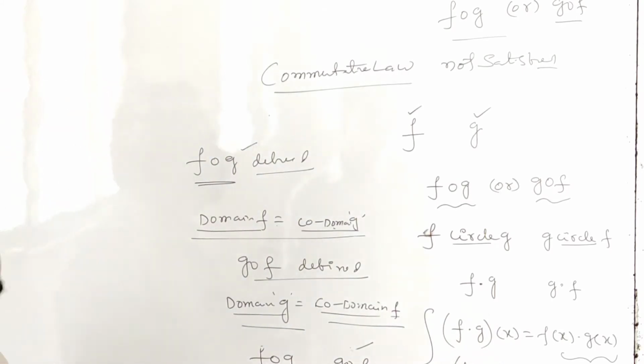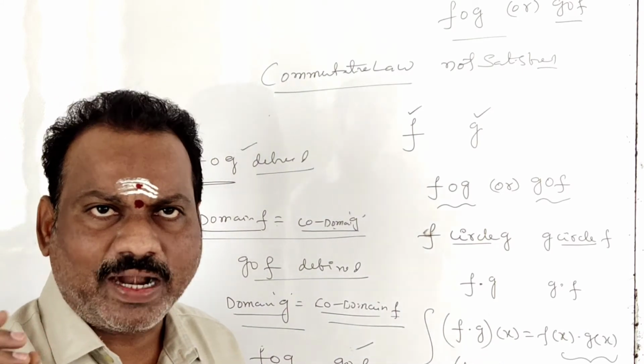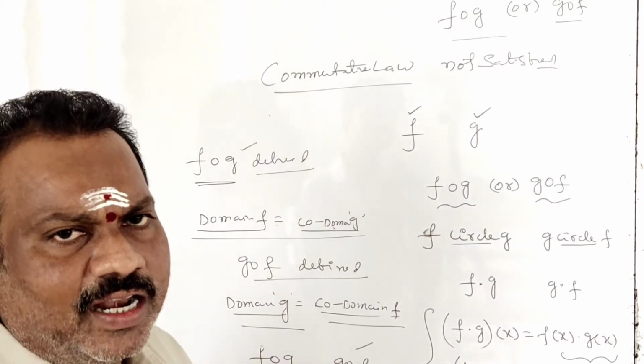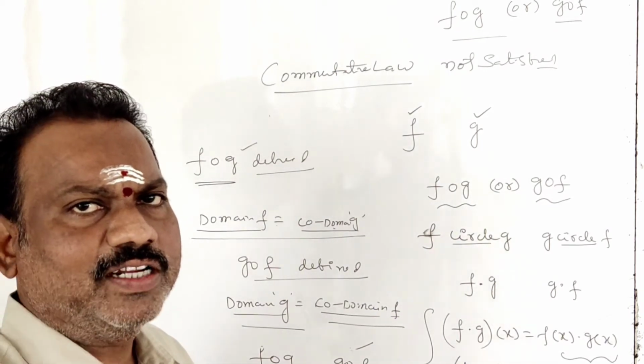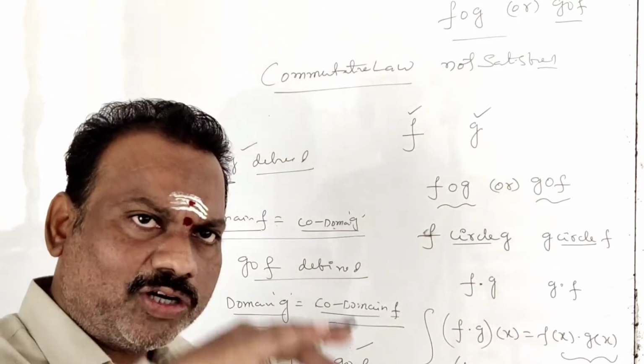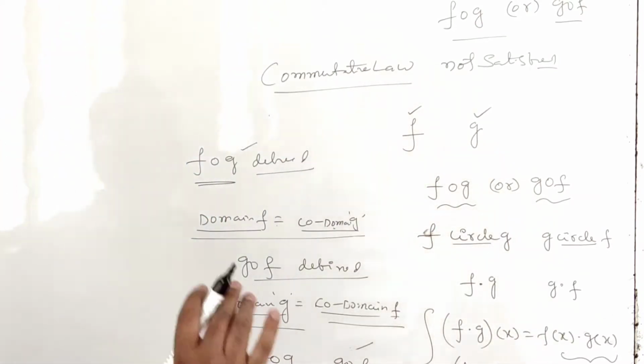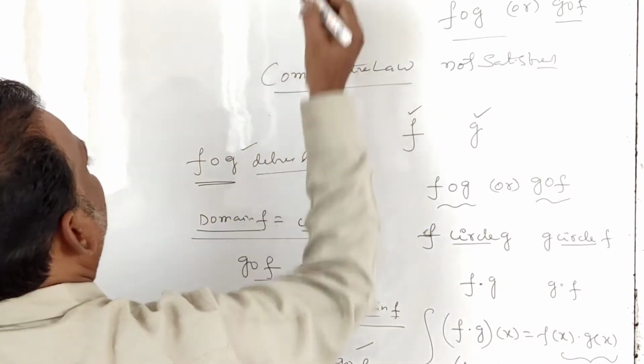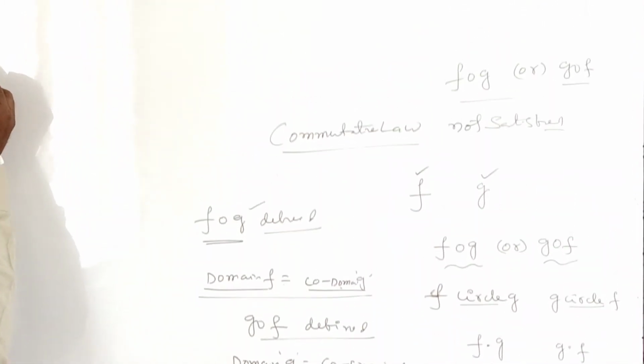Clear, students? If you combine two functions using circle, that is called a composite function. So what is the definition of a composite function? Simple, students.